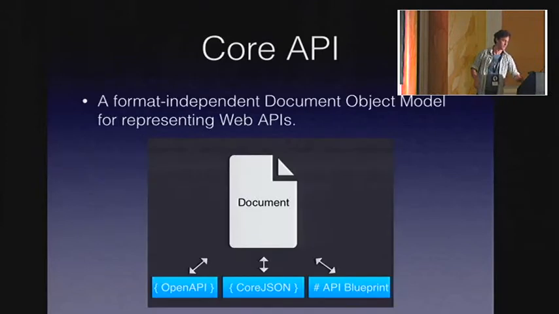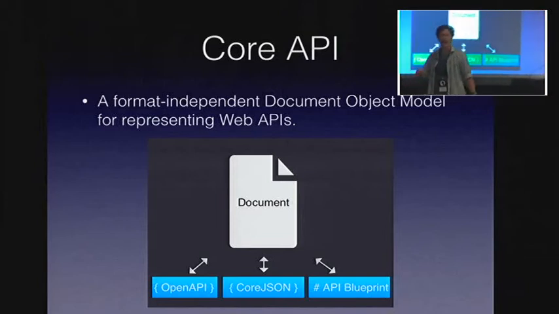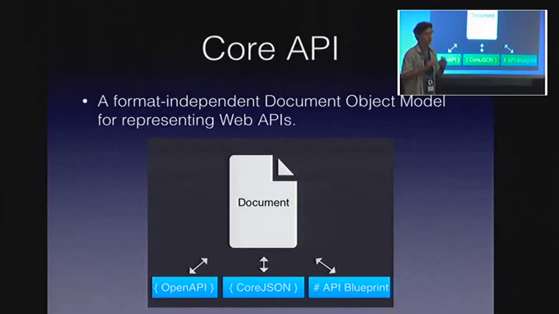Now, the first new concept that I want to introduce is Core API. The most fundamental thing that Core API offers is an abstract model for representing schemas or hypermedia.